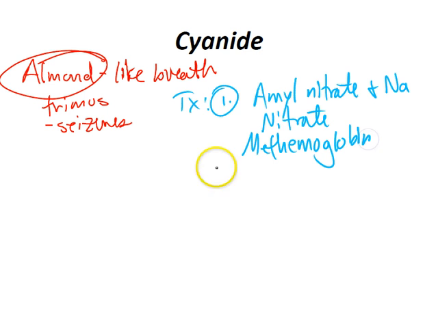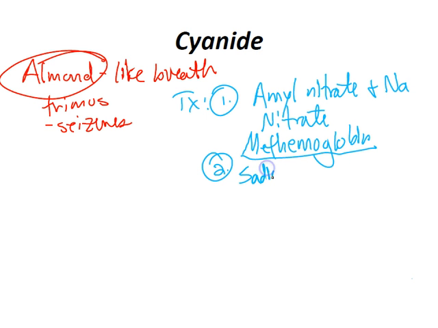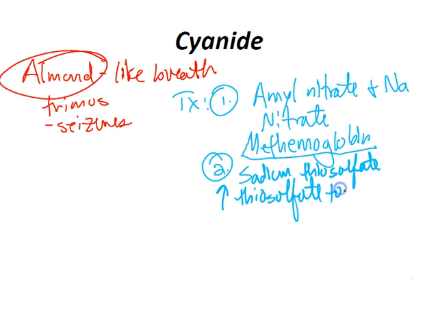I don't want cyanide to ruin any more of my hemoglobin, so I'm going to form this methemoglobin. Number two, sodium thiosulfate is going to be given, which acts as a sulfur donor to increase the production of thiosulfate, which can be excreted.